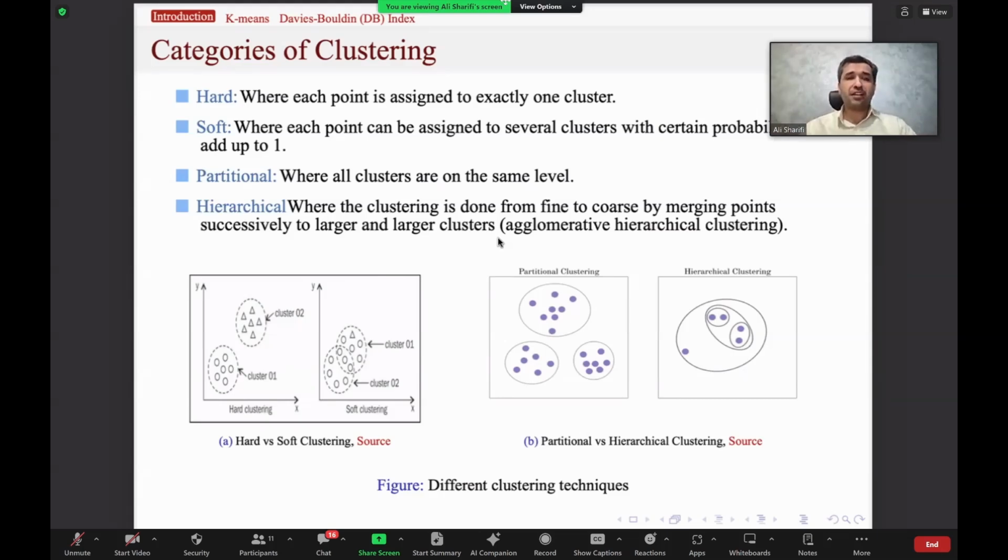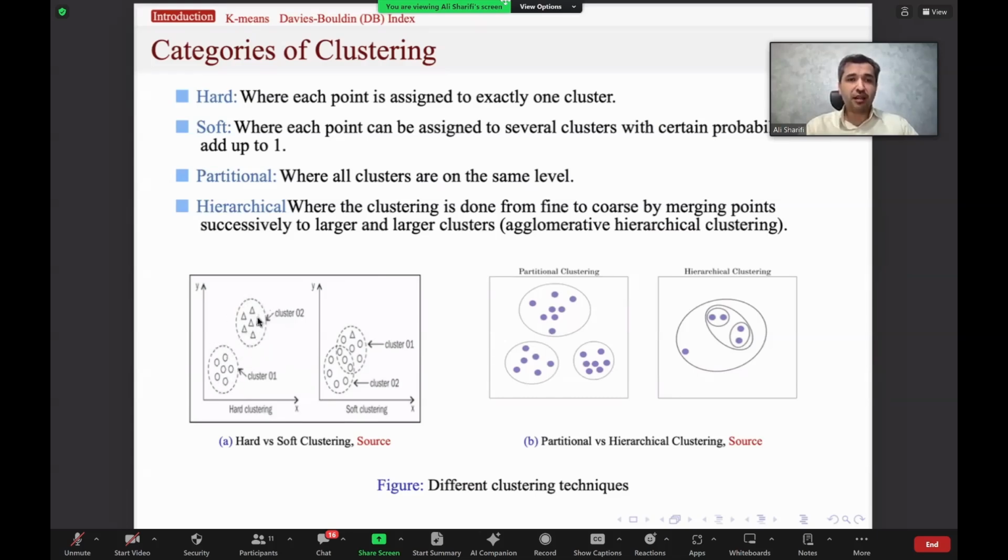So we have different types of clustering. There is hard clustering, where we assign each sample exactly to one of the clusters. Rather, we have soft clustering, which is probabilistic, where we compute the probability of each sample belonging to each cluster. For example, here you see a hard clustering.